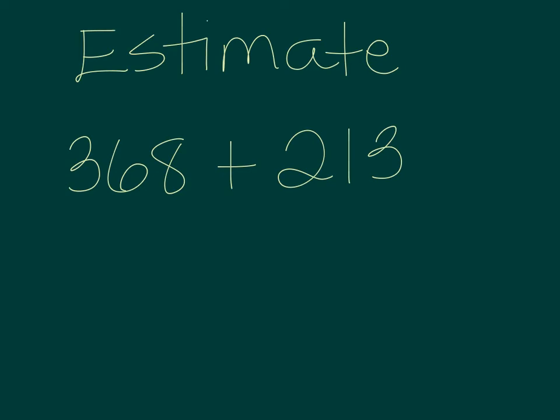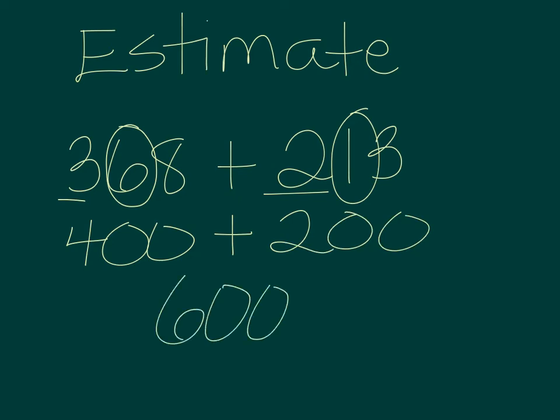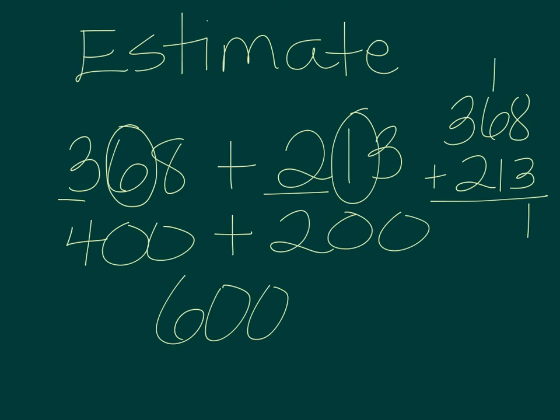So for example, if I round this to the nearest hundred, here's my 3, I'm looking at the 6, so that's 5 or more, so this rounded is going to be 400, plus, here's my 2, my hundreds digit, I have a 1, so this 2 is going to stay the same, so this is 200, so my estimate is 600. So then when I actually add these numbers, 368 plus 213, this is 11, 8, and 5.